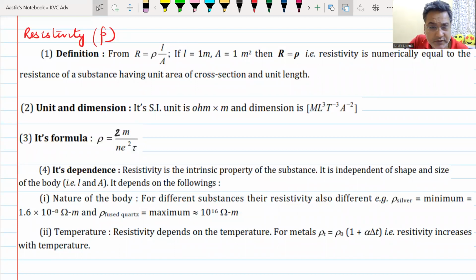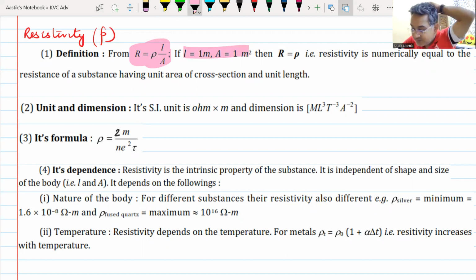Then the next point that we are going to understand is resistivity, or specific resistance, rho. Resistance is rho L by A. If length is 1 meter and area is 1 meter squared, you can define resistivity as the resistance of a wire of unit length having a cross-sectional area of 1 meter squared.